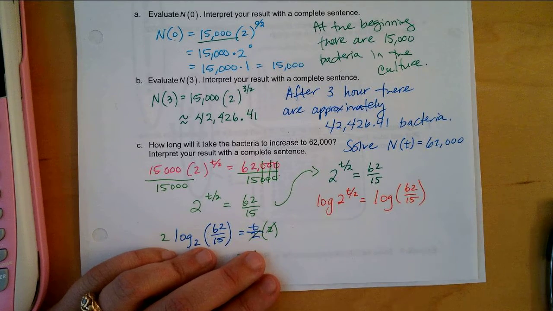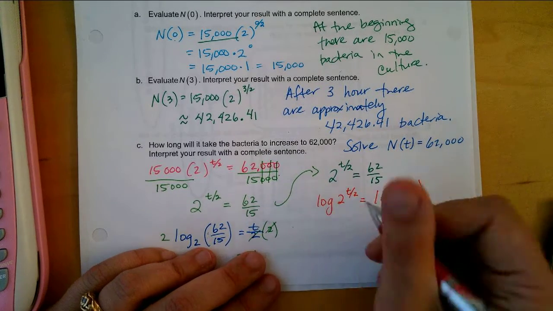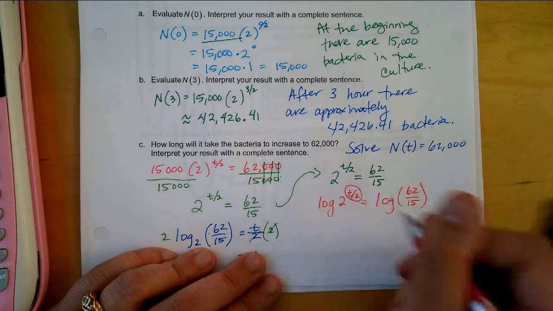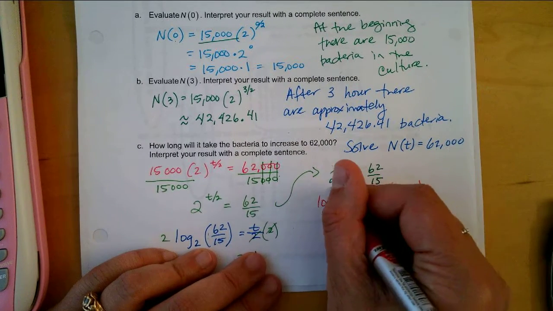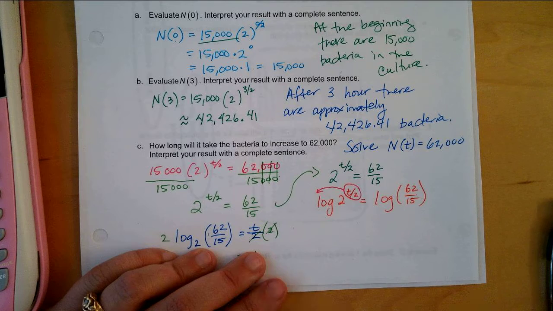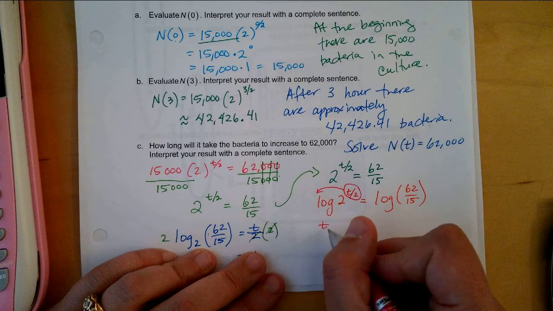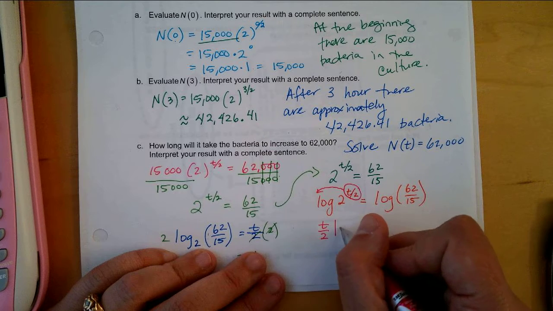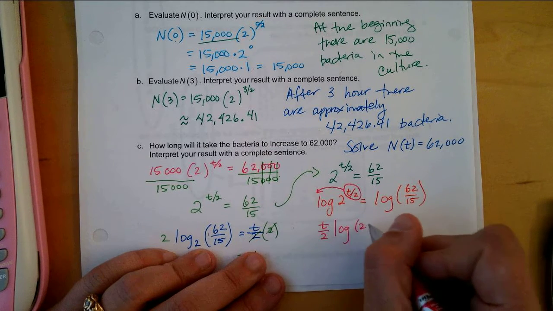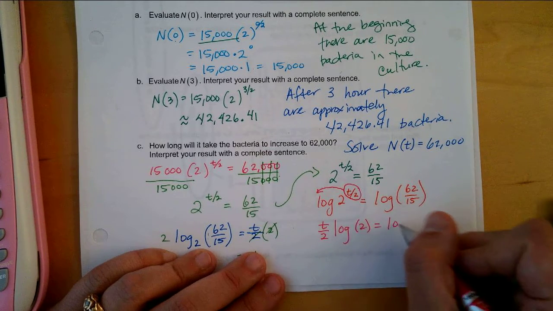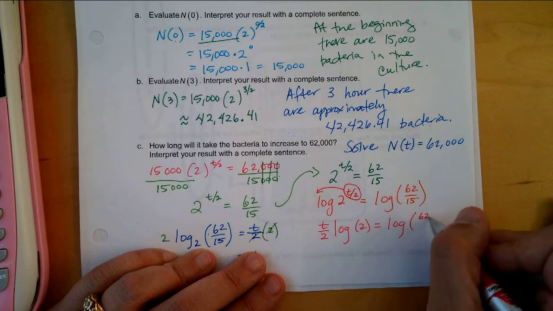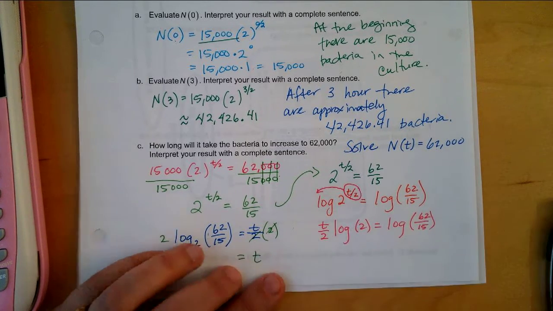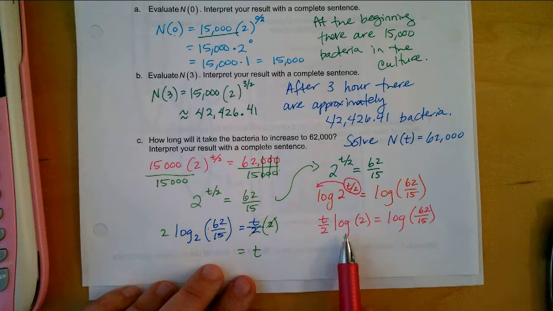Okay, now look what happens to my exponent. By using that property of logarithms, I can take the exponent out. So I get t over 2, that was the exponent, times log of 2 equals log of 62/15. How could I get rid of this right here that is multiplied?